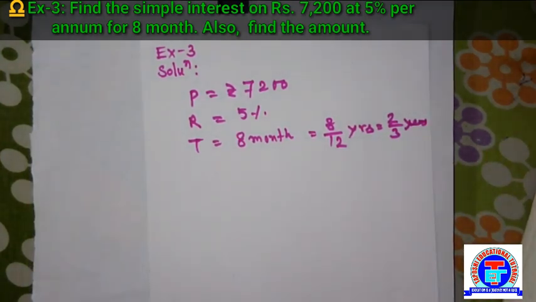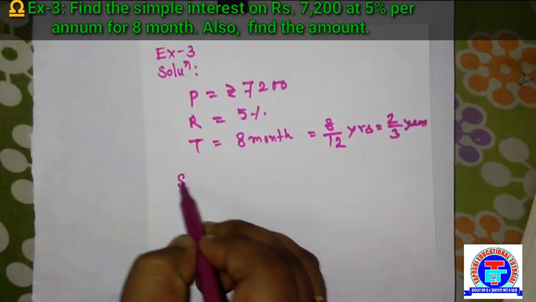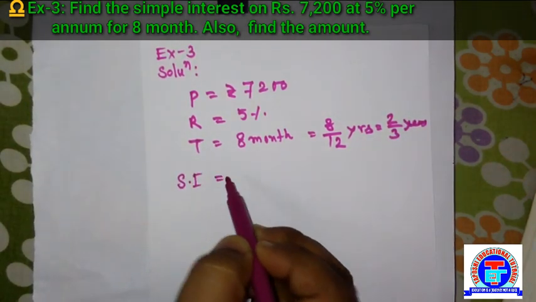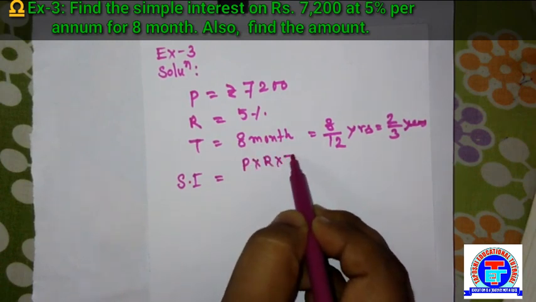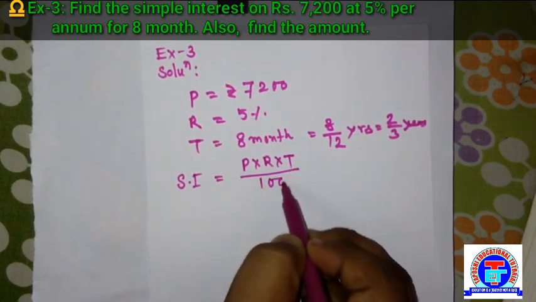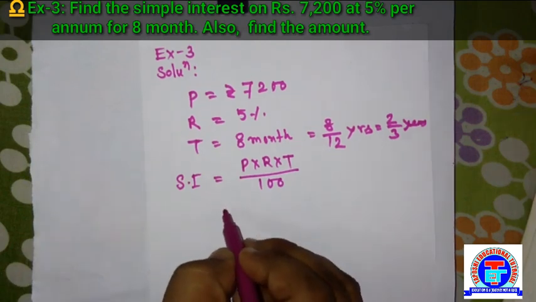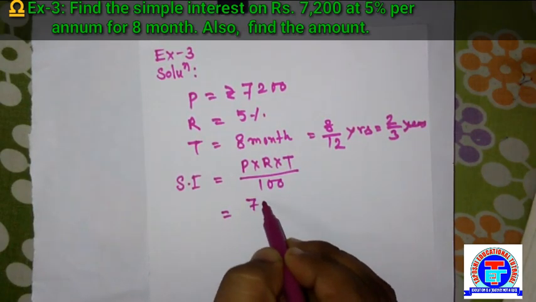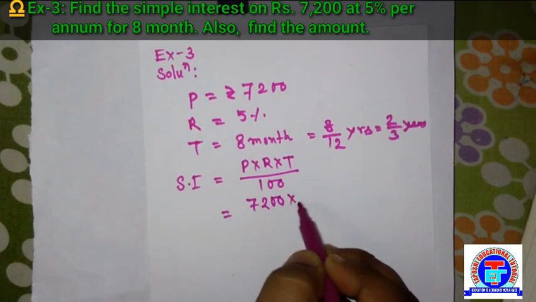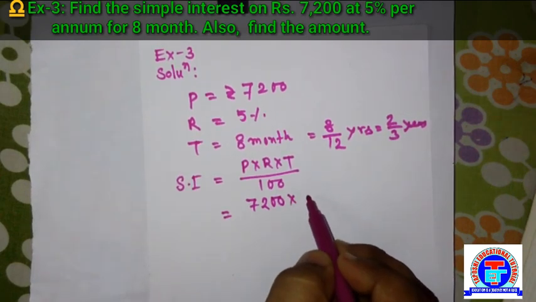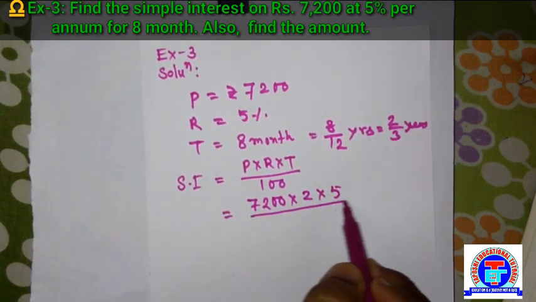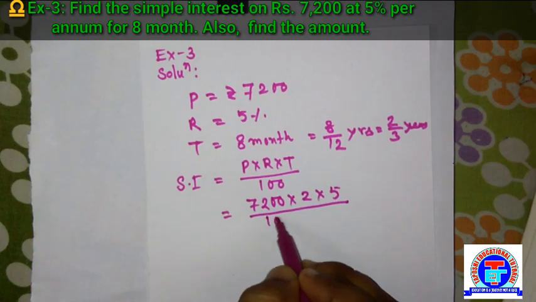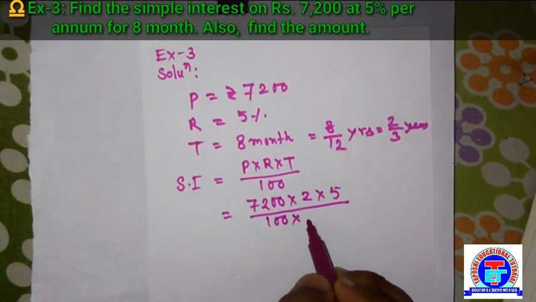Now as you know, simple interest SI is equal to P into R into T divided by 100. Now put the value: 7,200 into 2 into 5 divided by 100 into 3.